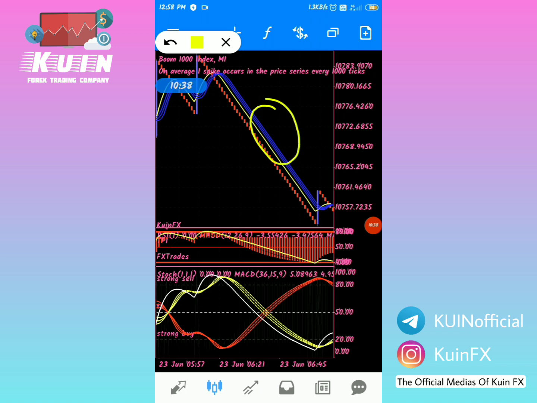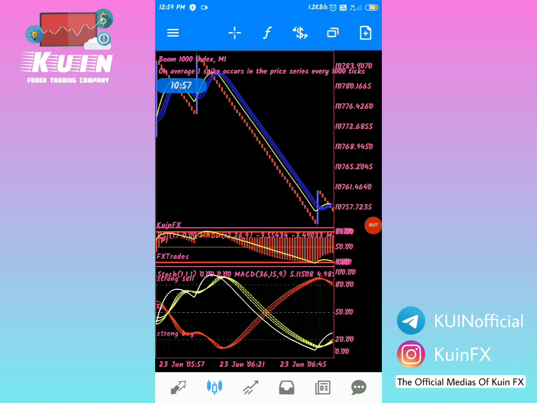First you set this yellow line, this yellow MA. Then you set Bollinger Bands. It looks like this. Otherwise it doesn't look like this. Okay, remember it.